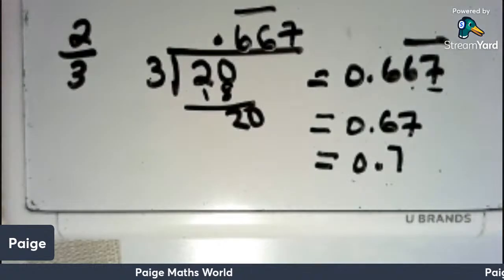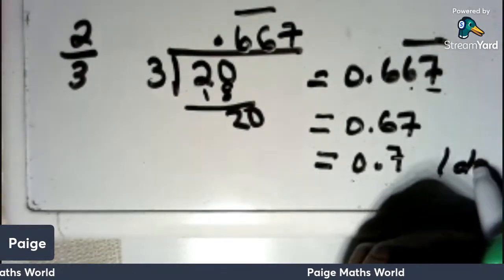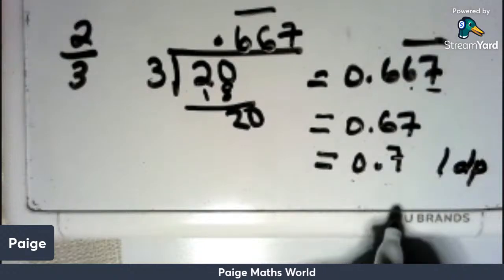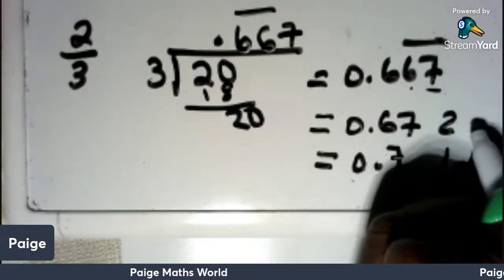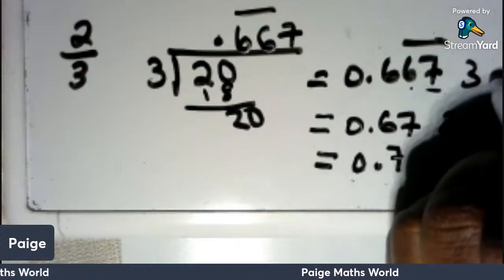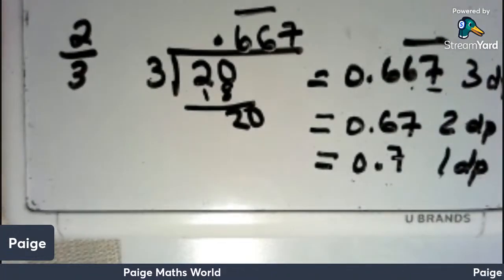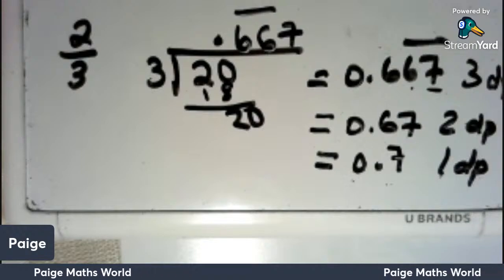Thank you. So your answer to 1 decimal place, 1 dp, is 0.7. 2 decimal places is going to be 0.67. 3 decimal places, it will be 0.667.